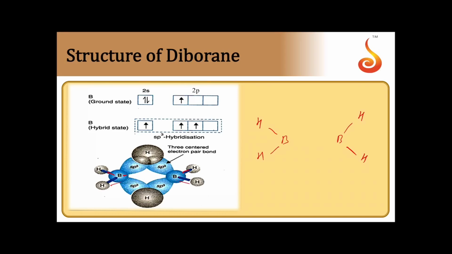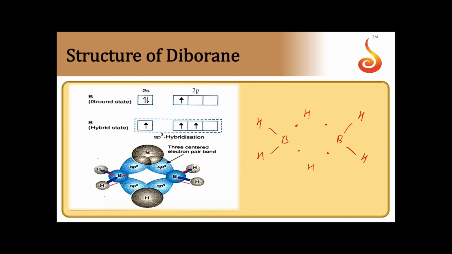When it comes to the other bonds formed between boron, hydrogen and boron, we have only 2 electrons. So only 1 electron pair here is binding 3 atoms, boron, hydrogen and boron.